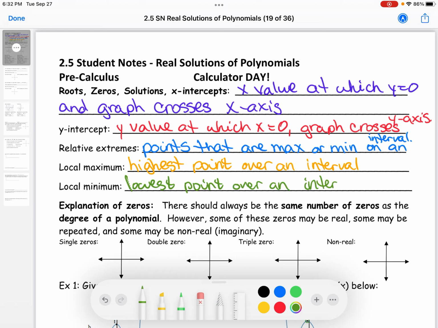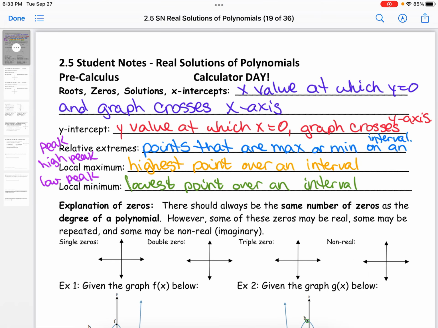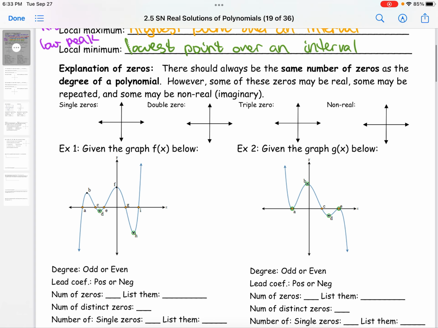A relative extreme can be generalized a little bit as just a peak in the graph. A local maximum will be a high peak, and a local minimum will be a low peak. We'll look at some examples of those on the graphs below here.